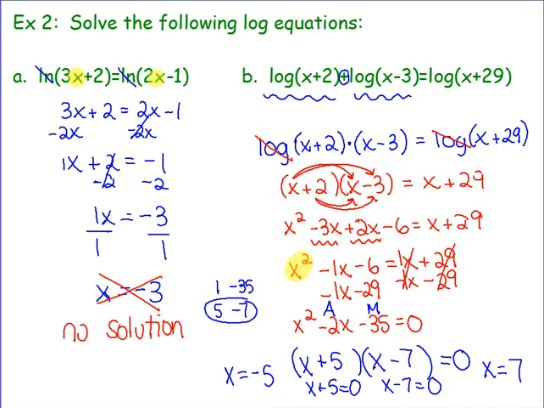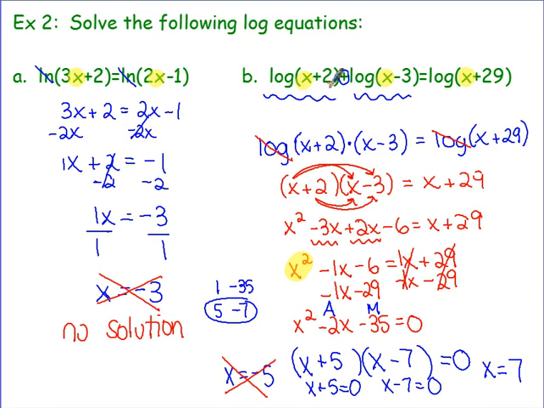Let's check, starting with negative 5. Put it here. We're going to test it here, here, and here. So negative 5 plus 2, well, that's negative 3. And negative 3 is no good. So I'm finished testing that one. I cross it off. Well, let's check 7. 7 plus 2 is 9.